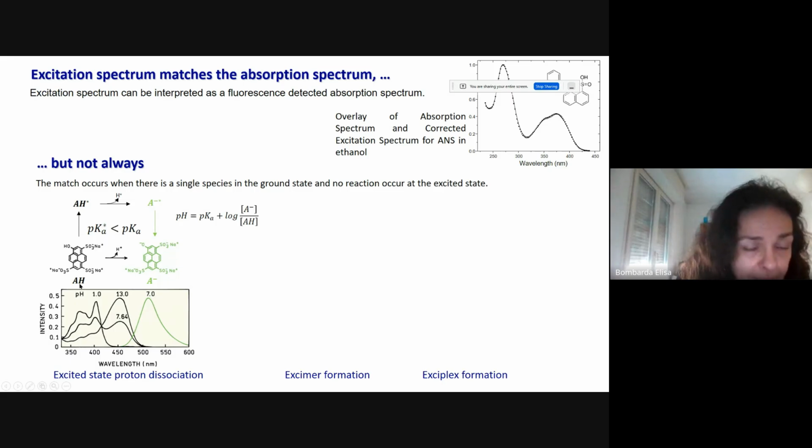At pH 1 we are here. The deprotonation doesn't occur in the ground state because the pK is much higher. So it is the protonated molecule that gets excited, and then we can see fluorescence.